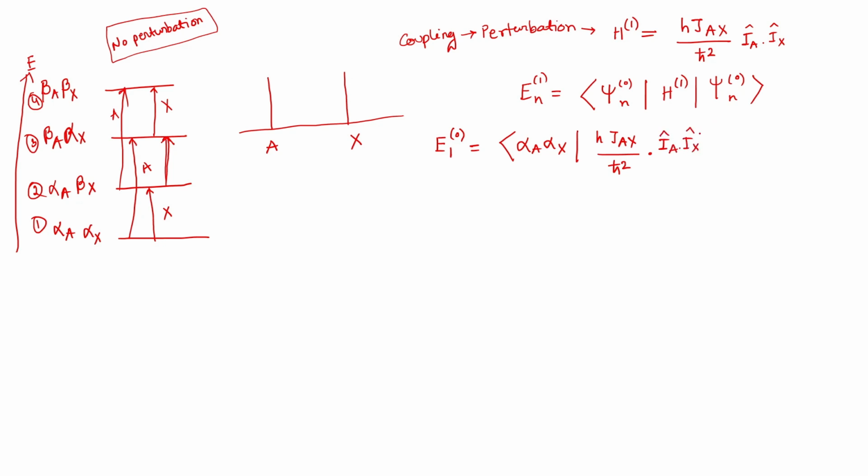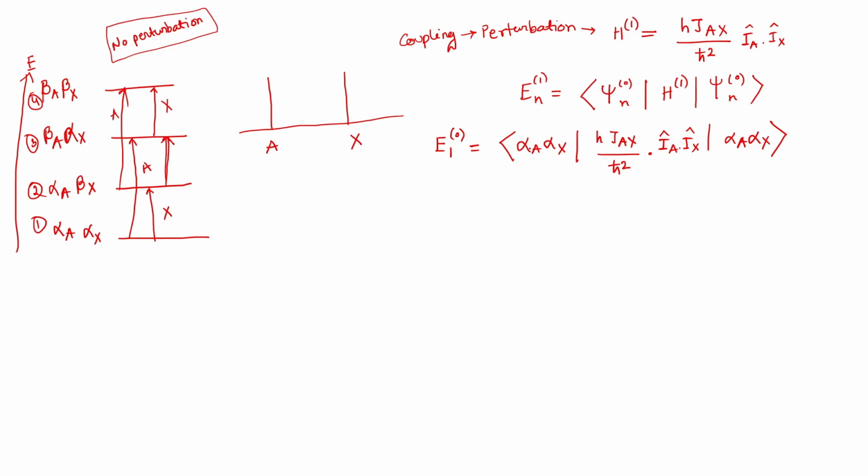There is a dot product between these two things, and then alpha A, alpha X. Okay.